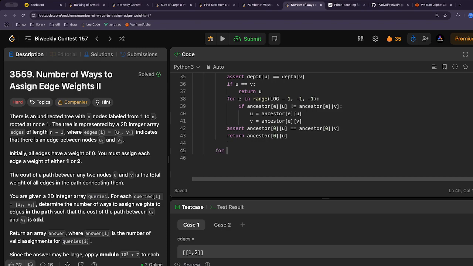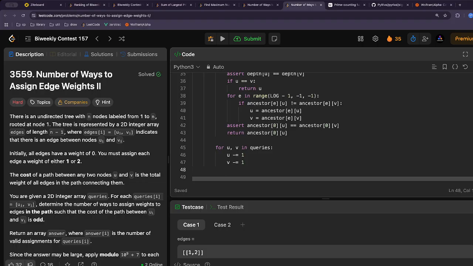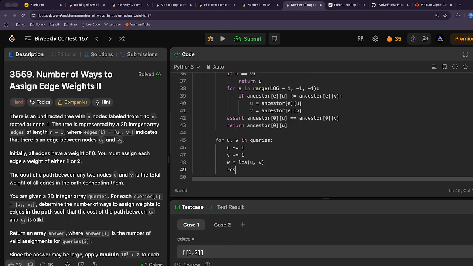And so now we can solve the queries, right? So we calculate the LCA, and we return the depth of U plus the depth of V minus 2 times the depth of W. Right?